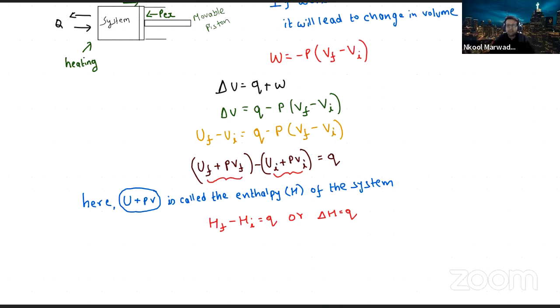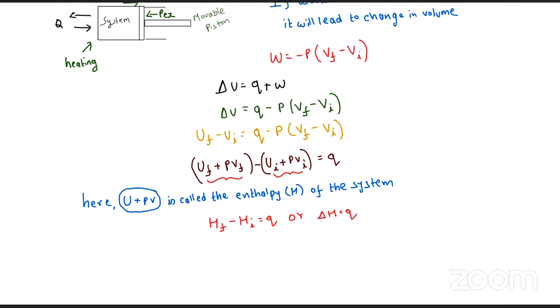If delta H is zero, like when we are solving a problem, it means that no transfer of heat energy is taking place. And for isolated systems, delta H has to be zero.